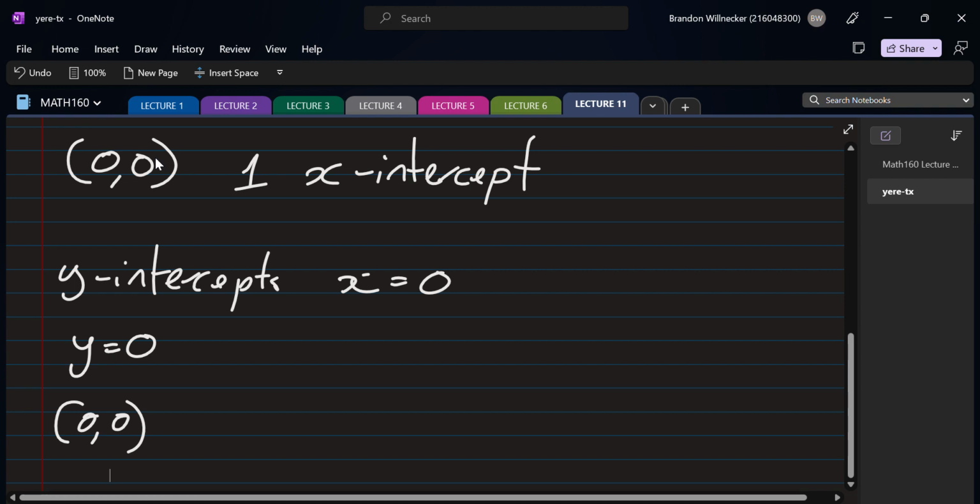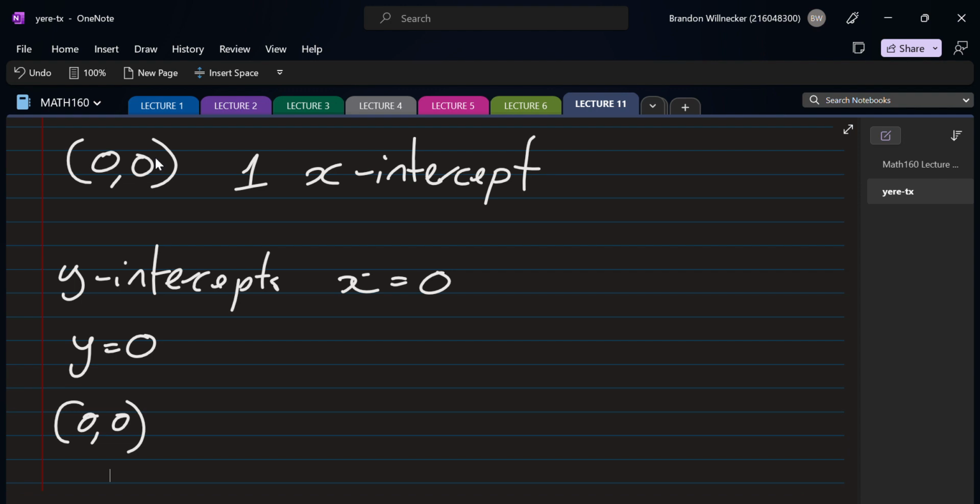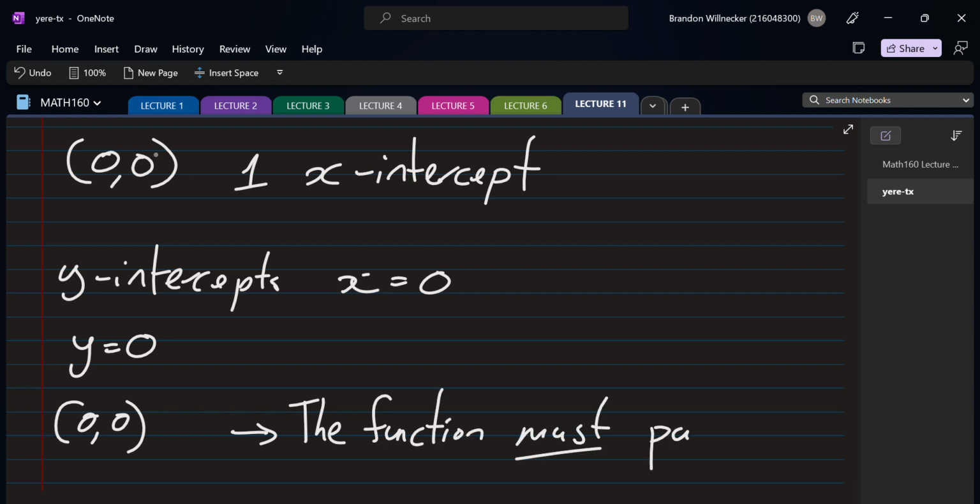So the x-intercept is the same as the y-intercept, which means the function passes through the origin. When we're sketching this, we need to think to ourselves, this function must pass through the origin.